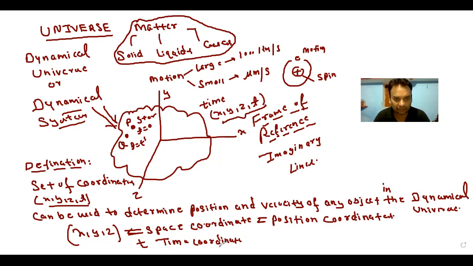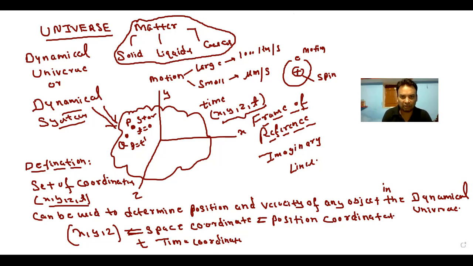Suppose any star tries to move from its position to another position. That is called the event. Measurement of that change in the position is called the measurement of that event. So how the position coordinates are changing and what time it will take to change the coordinates. So we need four coordinates. Three are the space coordinates and the fourth is the time coordinate. So this is about the frame of reference.